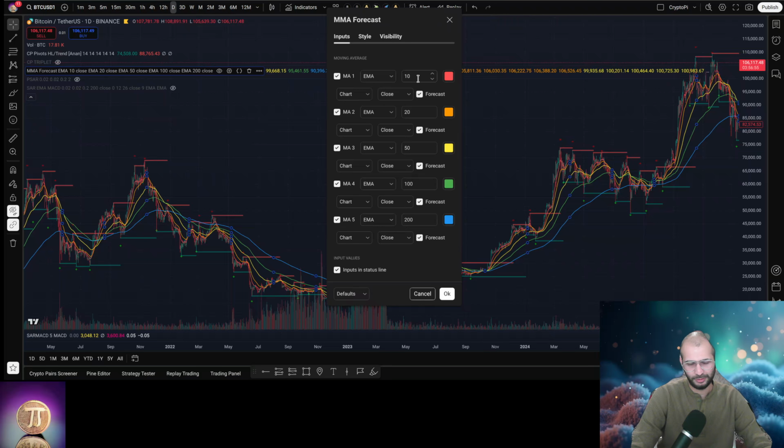Now 10, 20, 50 are generally called fast moving averages because they only look back on the candles in the very recent past, whereas 100, 200 are slow moving averages because they look back 100 or 200 candles.